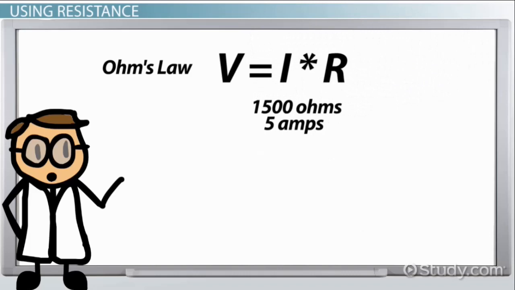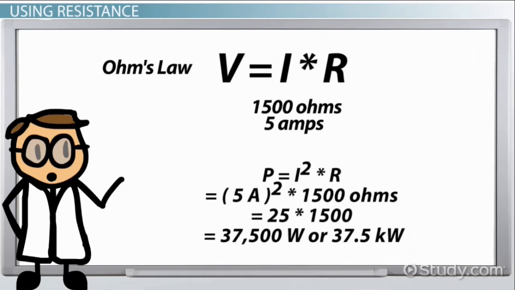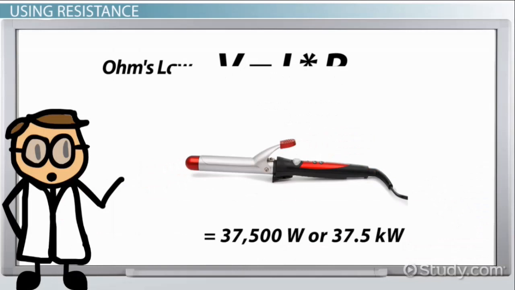The power used by this circuit is then P is equal to I squared times R, which equals 5 A squared times 1500 ohms, equals 25 times 1500, which equals 37,500 watts, or 37.5 kilowatts. This is almost enough to run a curling iron.